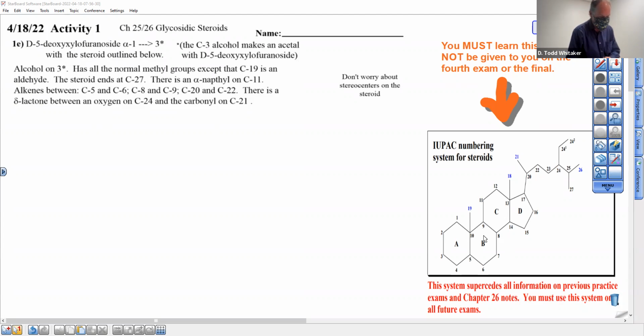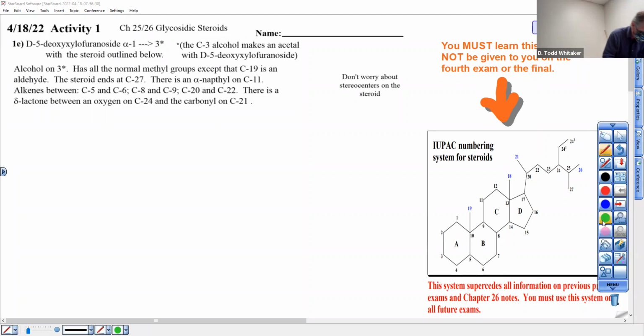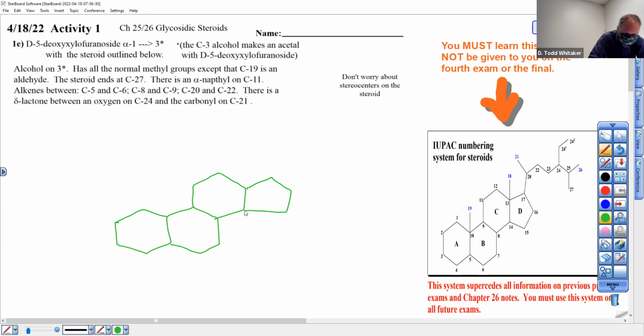So you start by scribbling down your 4 steroid rings. One ring is a 6, right next to another 6, and then the next 6 is not a cross, but top right. And then a 5, straight across. A, B, C, D ring system of steroids.